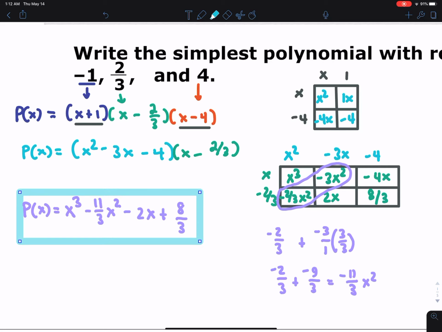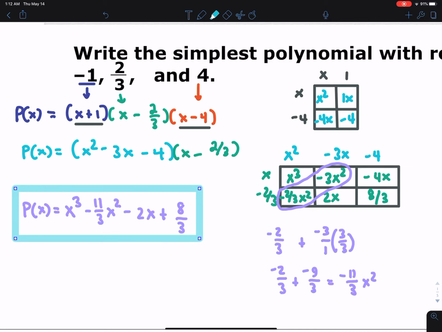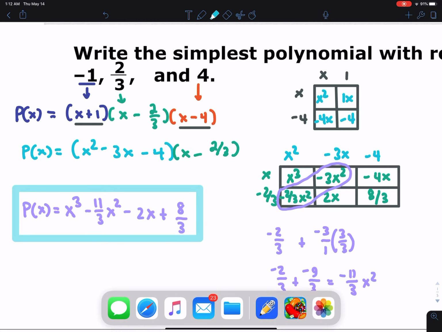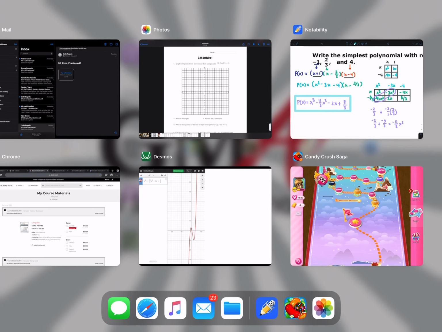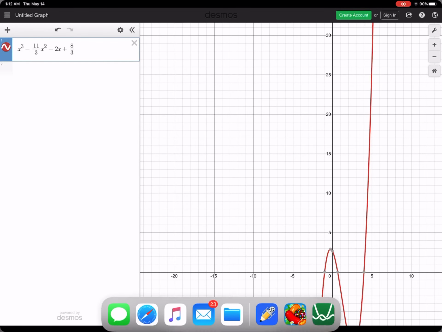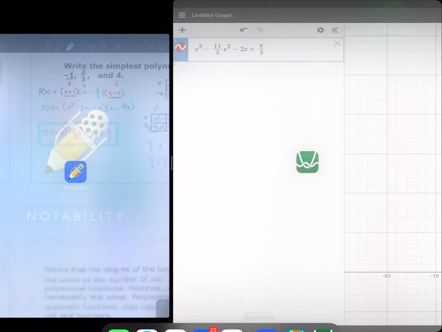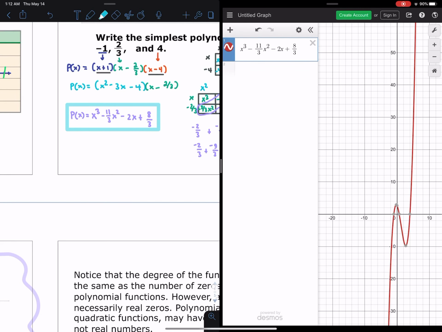It is a good idea just to double check and make sure that you did it correctly. So kind of thinking the other way, if we take this and plug it into Desmos, and we check, there's our polynomial, x to the third minus 11/3 x squared minus 2x plus 8/3.